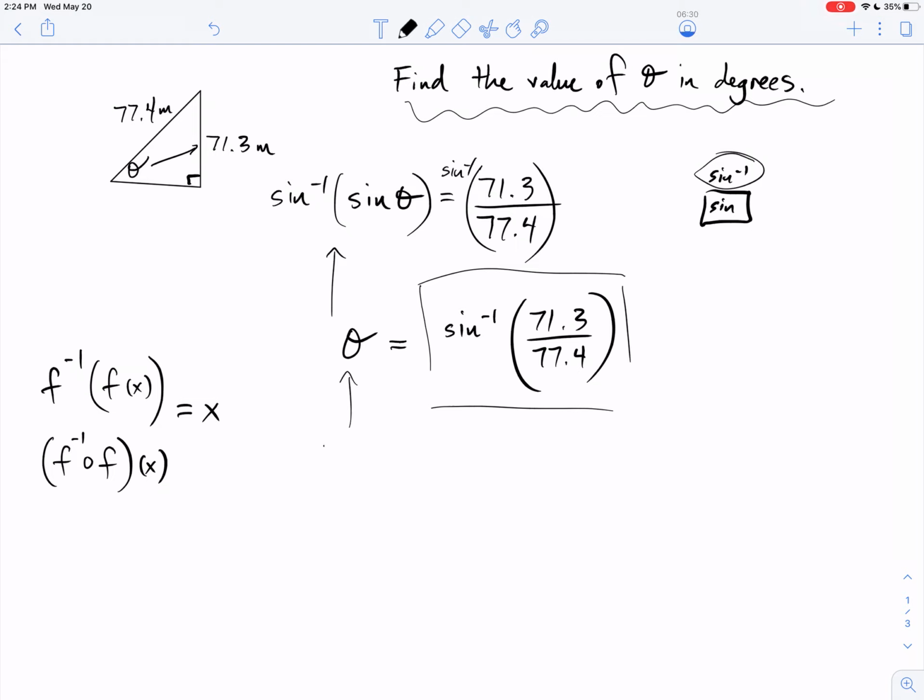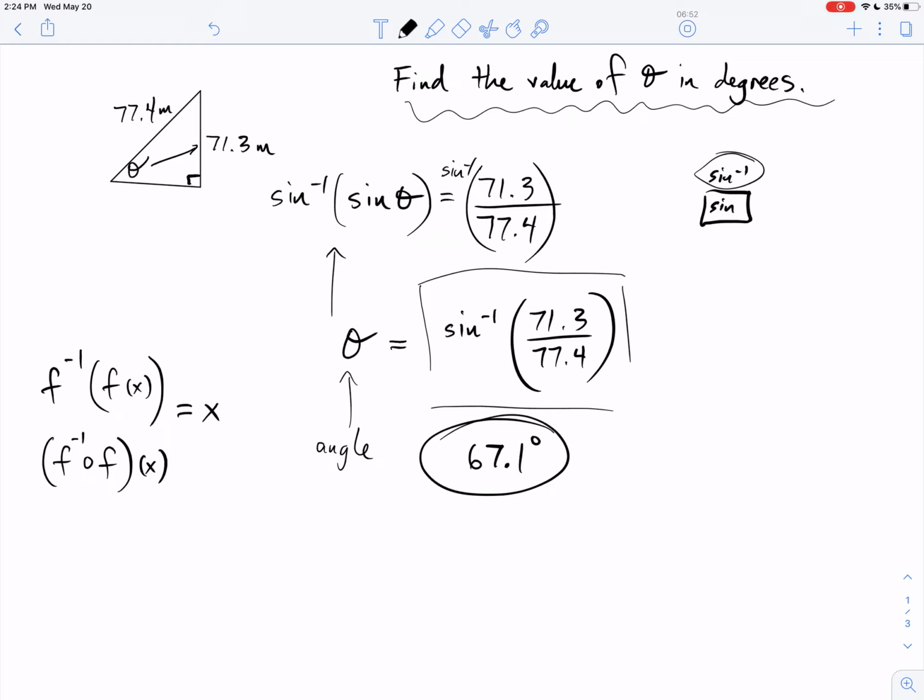So I punched sine inverse into my calculator. I did sine inverse of 71.3 divided by the other one, etc. And I got theta equals 67.1 degrees. That's what I got for my answer.